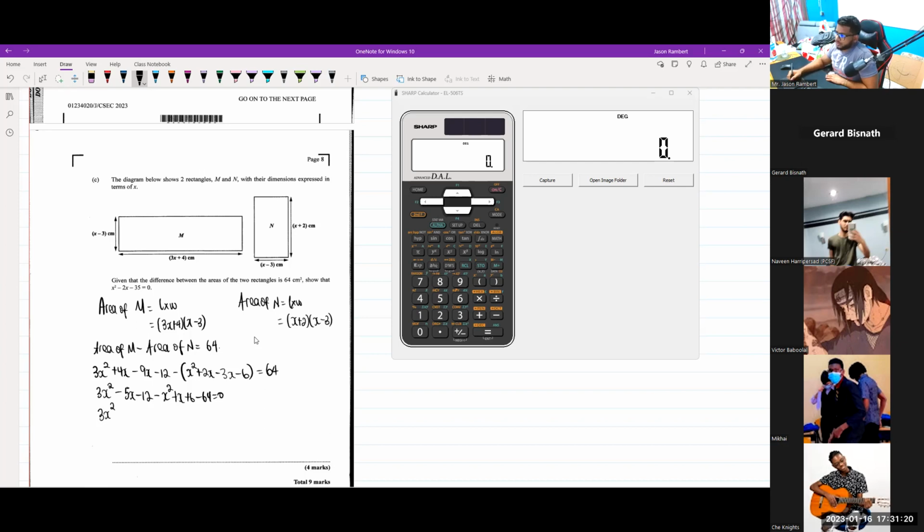Right, so that will be 2x squared, minus 5 plus 1 is minus 4, minus 12 plus 6 is minus 6, minus 6 minus 64 is minus 70. Divide by 2. X squared minus 2x minus 35 is equal to 0.